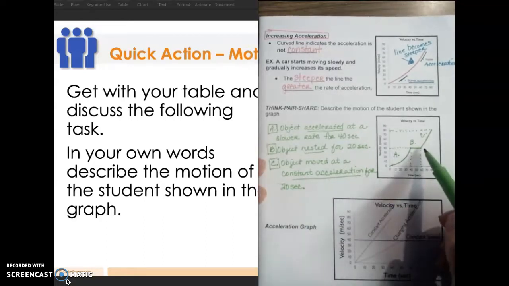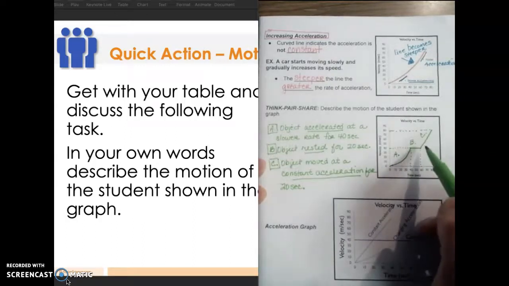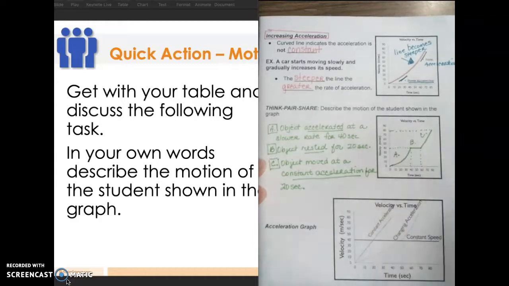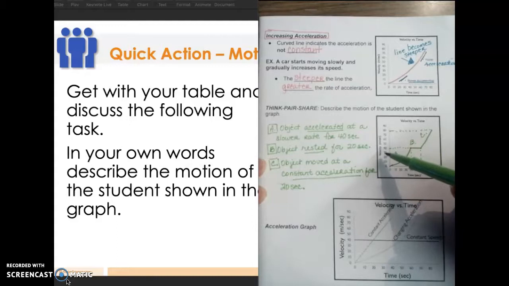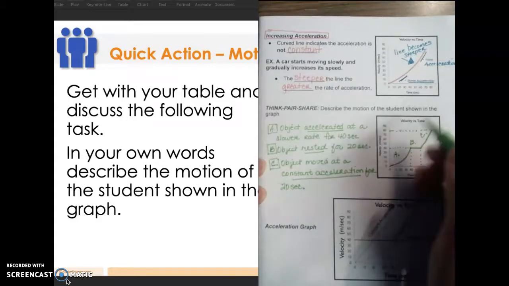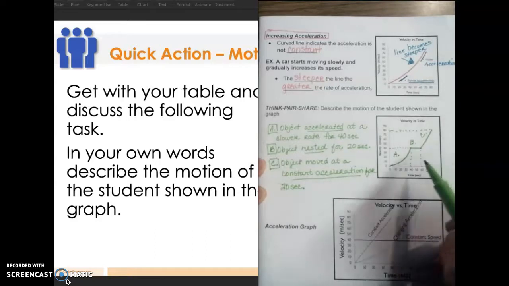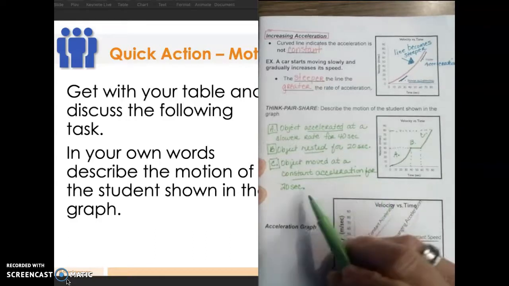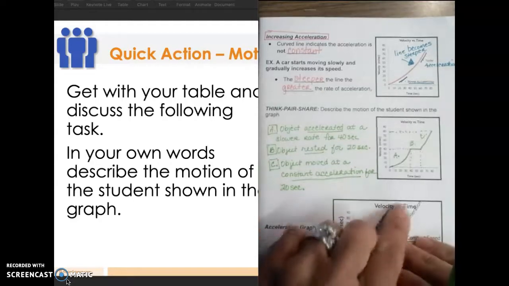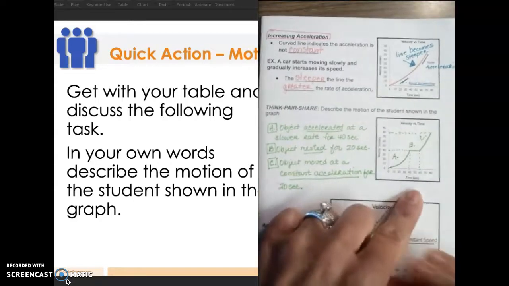On C, this line right here, we saw that our object moved at a very constant acceleration. So again, we're accelerating because we're moving forward. And as you can see, the line is constant and in the direction that it's moving. So we said it was moving for a total of 20 seconds, and I got the 20 seconds.